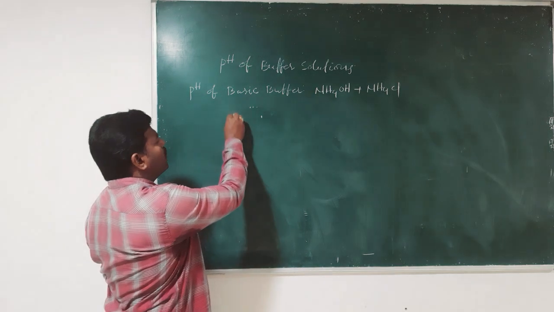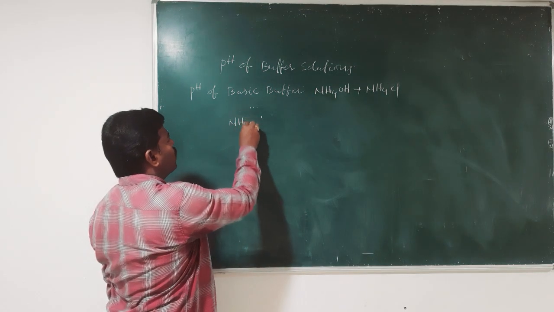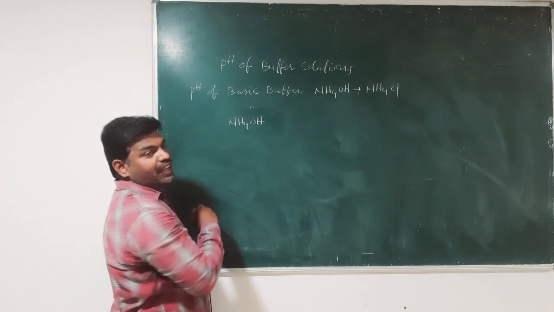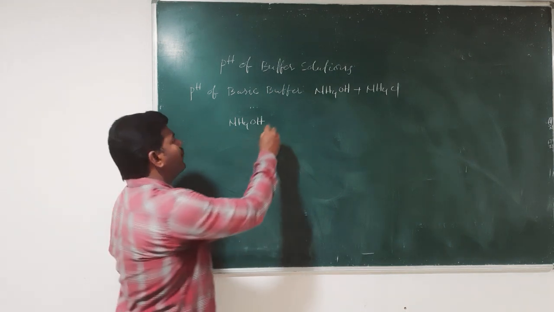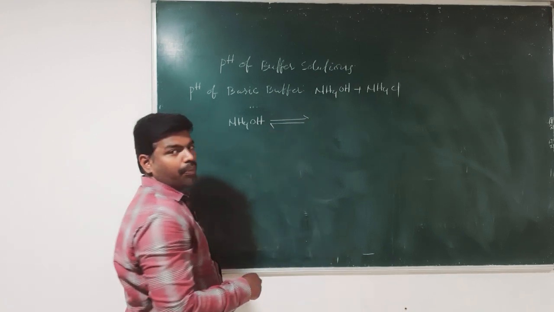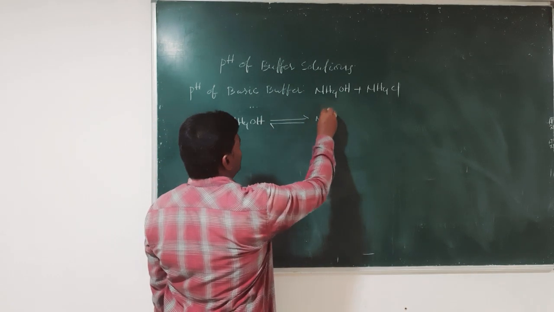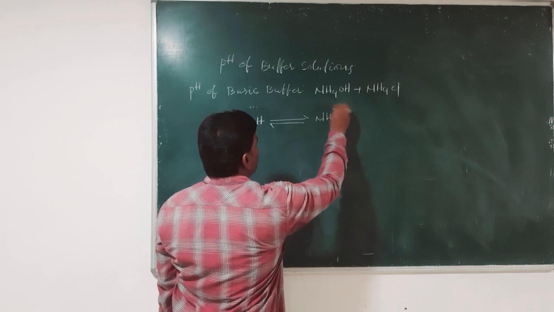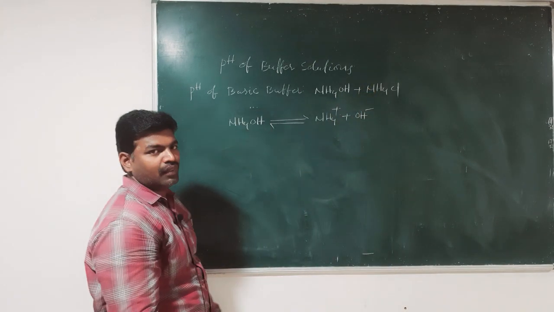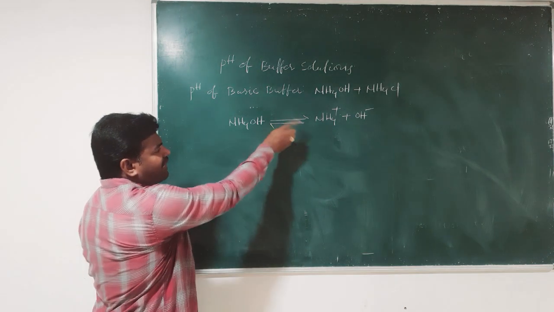So these two undergo ionization. NH4OH is a weak base, so a weak base undergoes incomplete or partial ionization, owing to which NH4 plus ions and OH minus ions are formed. Besides that, this is a reversible reaction.